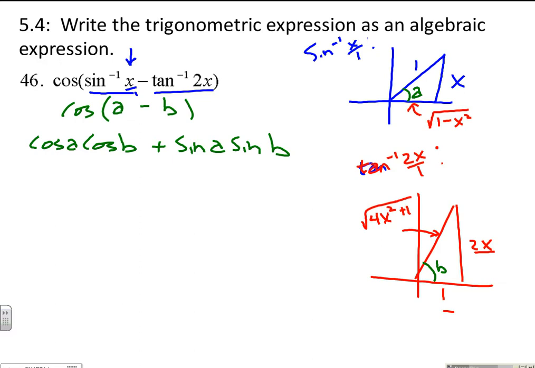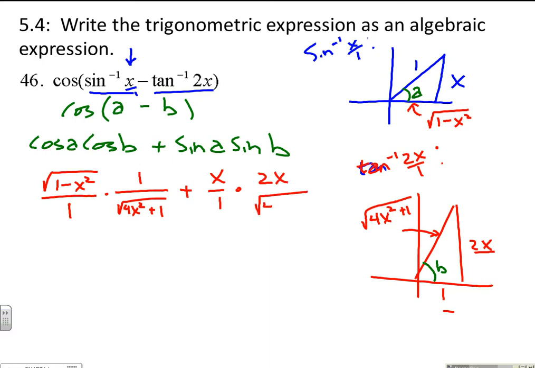So cosine of A, from my top triangle, adjacent on hypotenuse, times cosine B, from my other, adjacent on hypotenuse, plus sine A, from my top triangle, x on 1, times sine B, 2x on square root 4x squared plus 1. What a mess.